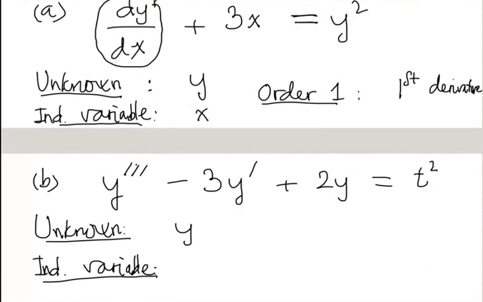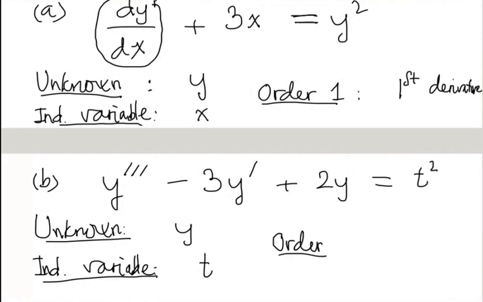If we just look at the left hand side, then we don't really see the variable. But on the right hand side, we have t, and that gives us a clue that t is the independent variable. And the derivative, say y prime, is actually dy/dt, and then y triple prime is the derivative 3 times with respect to t.